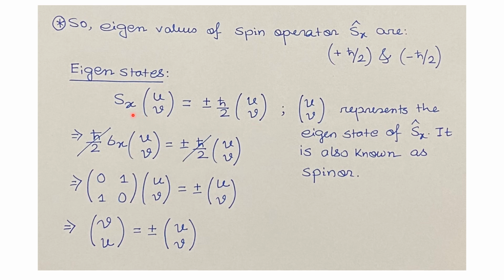Now Sx cap is ħ/2 times the Pauli matrix sigma x, so from both sides we can cancel ħ/2, and sigma x is 0, 1, 1, 0. Then we multiply this matrix with the column matrix (u, v), which equals plus minus (u, v). So it will give the matrix (v, u) equals plus minus (u, v).